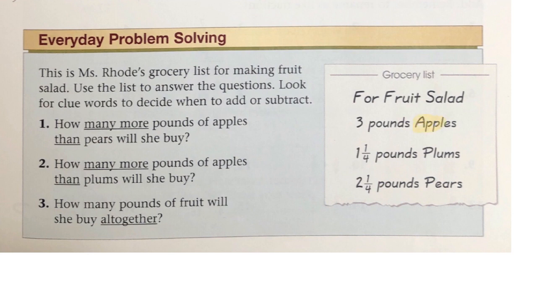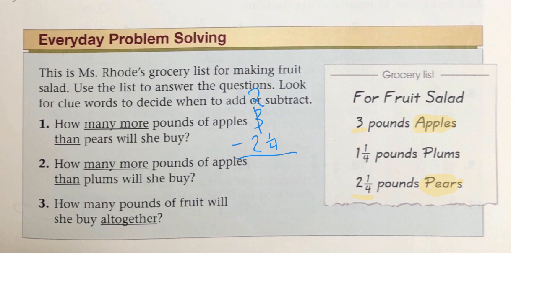So here's the apples. Here's the pears. So we've got 3 and 2 and 1/4. So if we write this, 3 take away 2 and 1/4, we need to regroup.